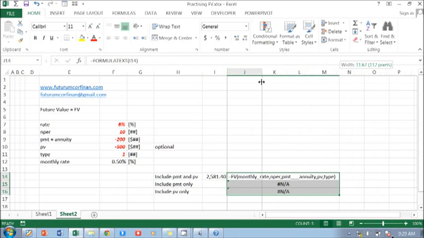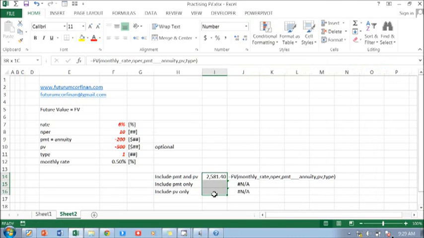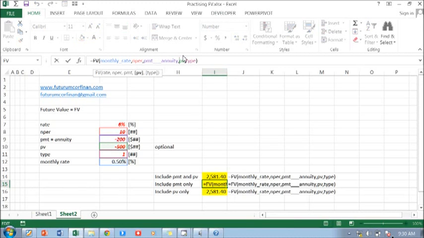I just put this yellow for the answer, and then you can just copy because you already named the cell. So basically you just copy it down, and then this one you take out because it's PMT only. I don't need the PV.